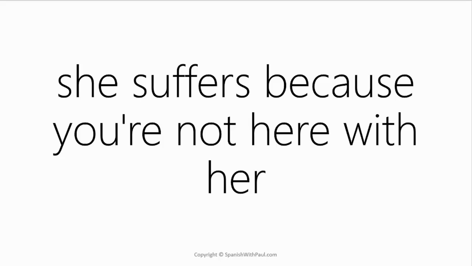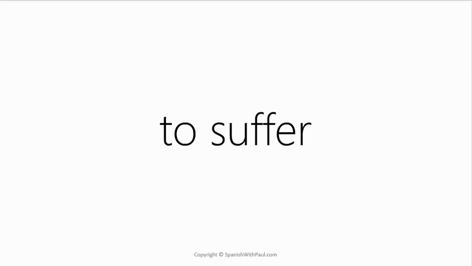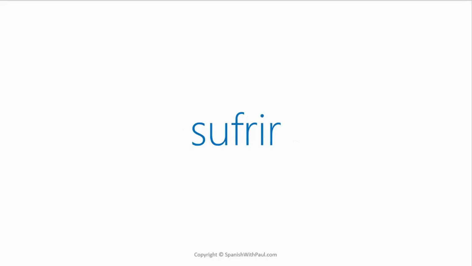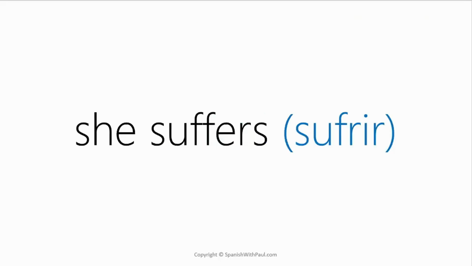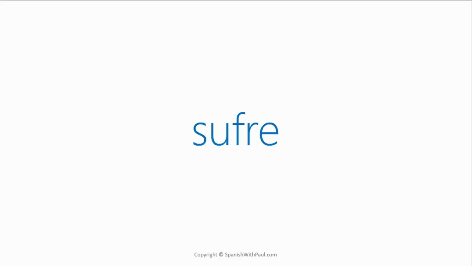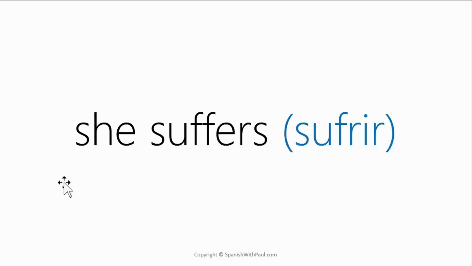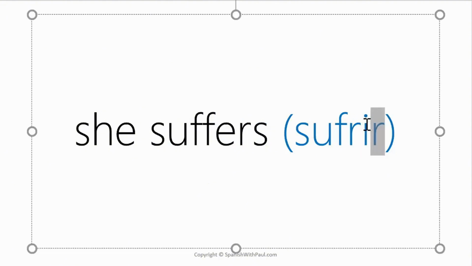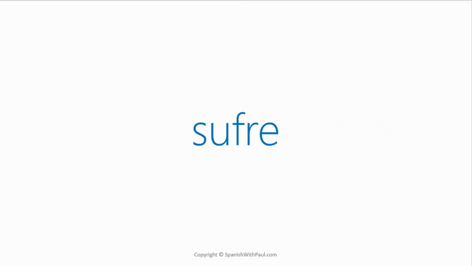First of all, the verb to suffer, do you remember it? Sufrir. How would you say she suffers? Sufre. So remember, all we did was get rid of the ending, the IR, and replace it with an E. Sufre. He or she or it suffers.